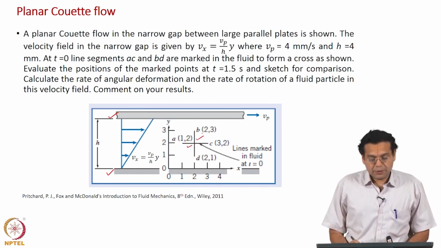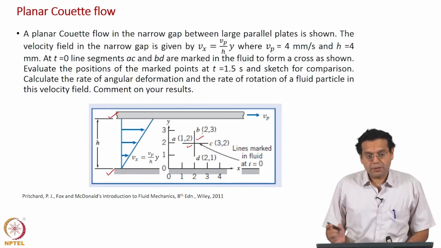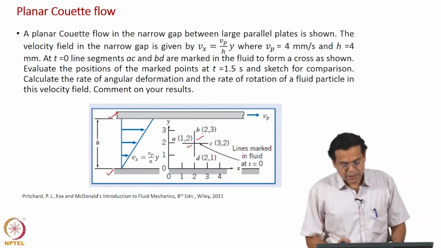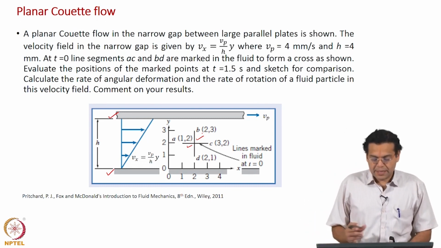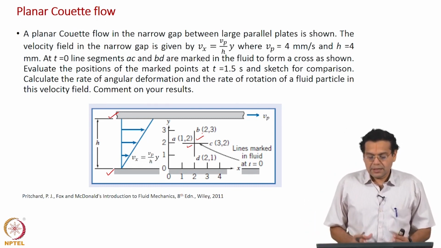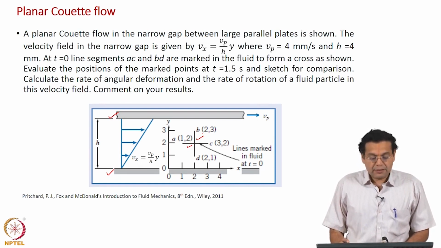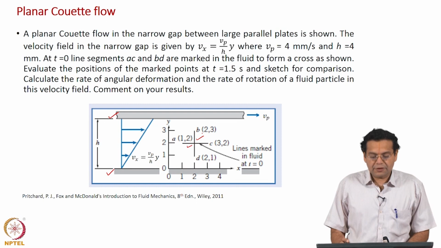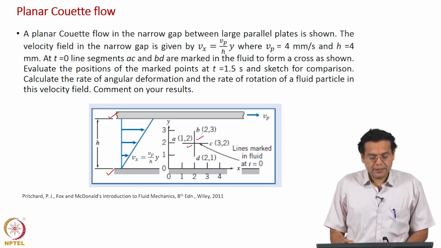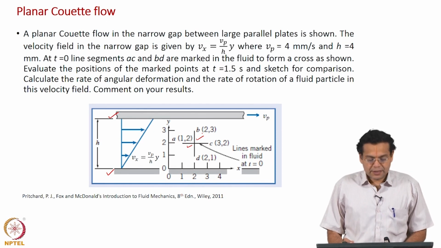And evaluate the positions of the marked points at t equal to 1.5 seconds and sketch for comparison. So, how will the positions of A, B, C, D look after 1.5 seconds, and we are also asked to calculate the rate of angular deformation and the rate of rotation of a fluid particle in this velocity field, and then comment on your results.